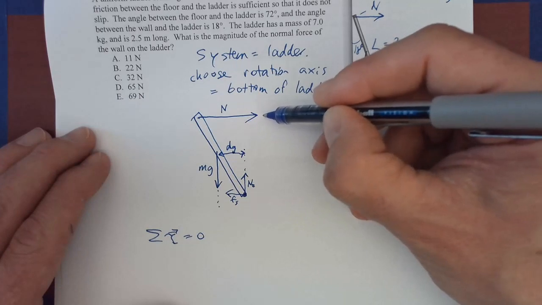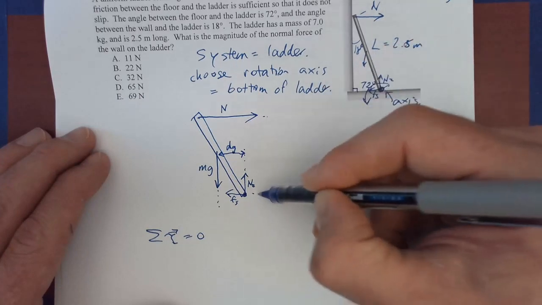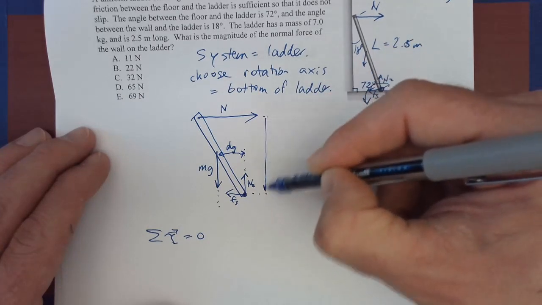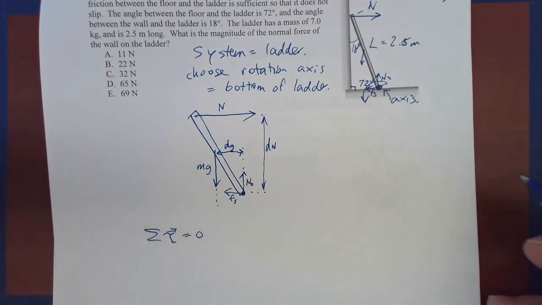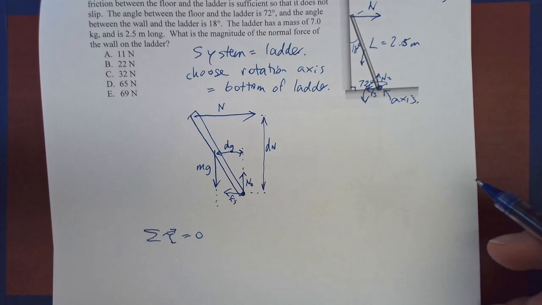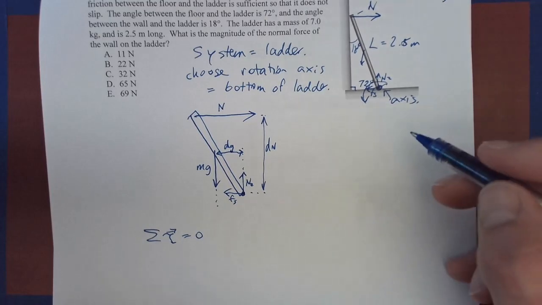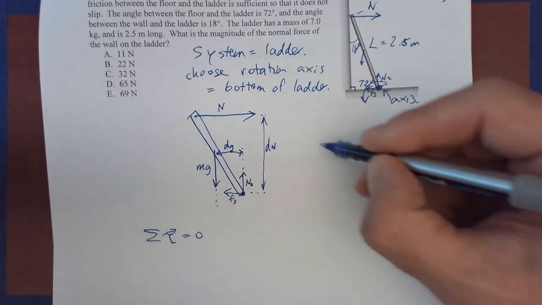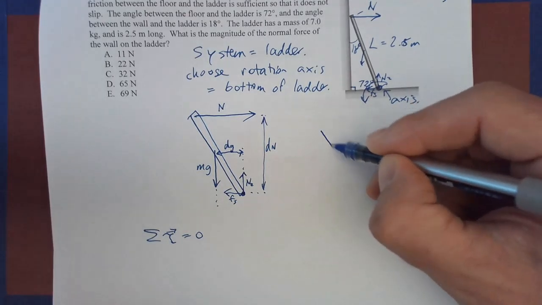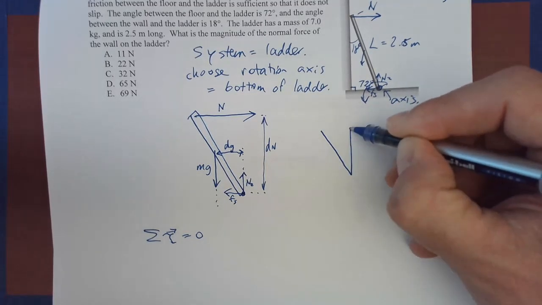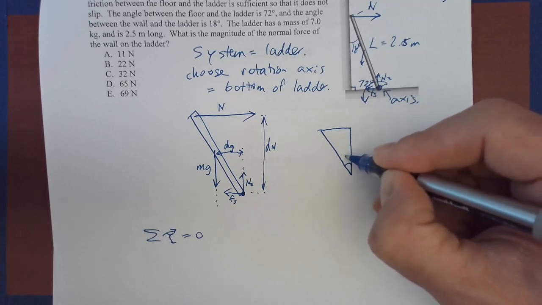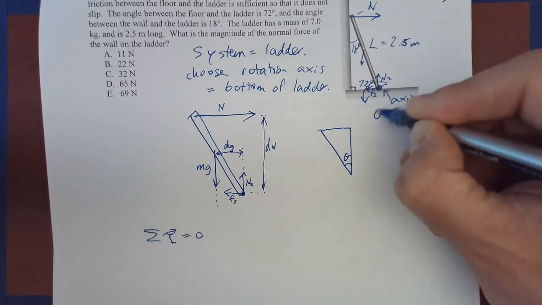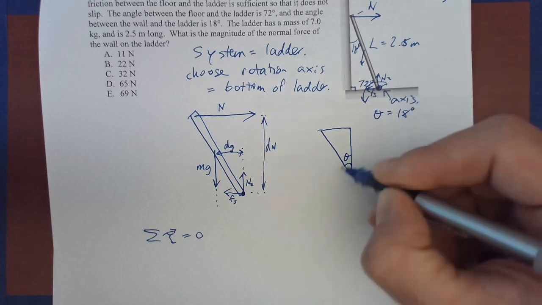And then this distance from here to here is going to be dn, the lever arm of the normal force there. So I think what I can do is I could draw some triangles and start with this one, I guess. By the Z rule, I think this is the 18 degrees. So let's say theta is 18 degrees.